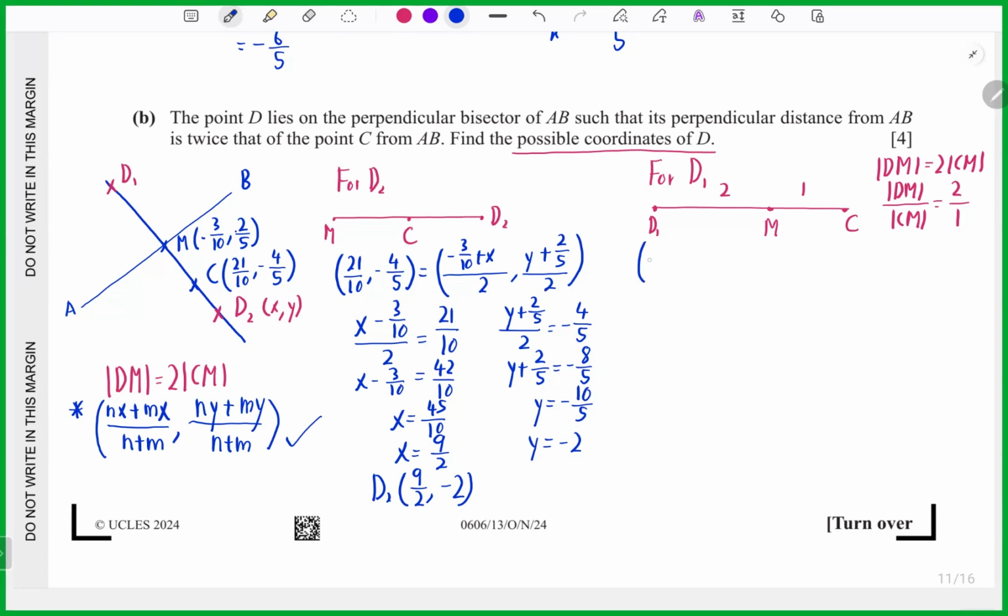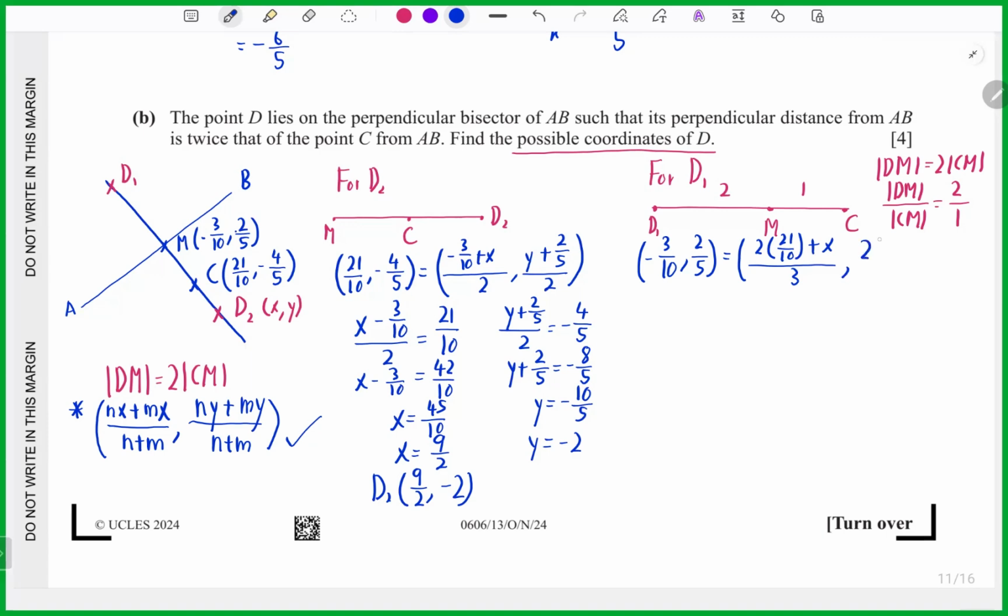You can use (negative 3 over 10, 2 over 5) equals bracket (2 times C, 21 over 10 plus x) divided by 3, (y, 2 plus 1), 3.